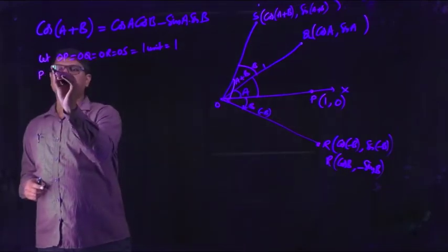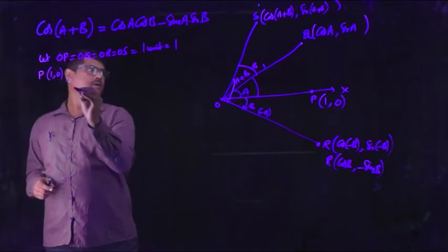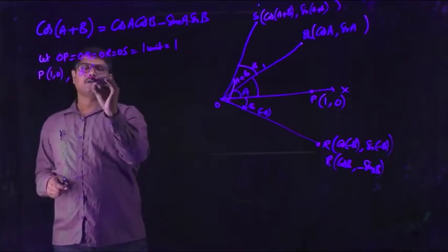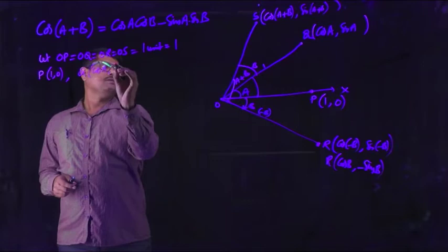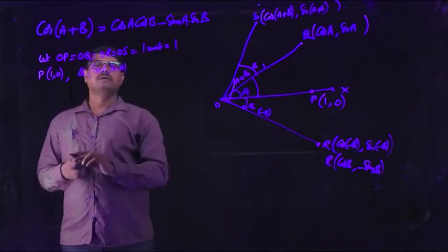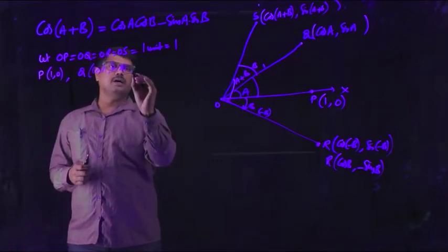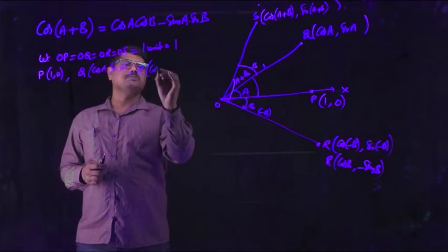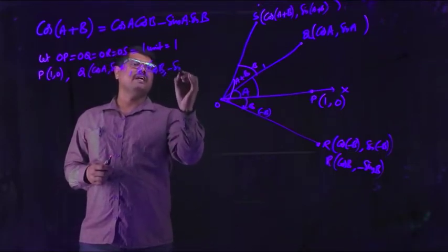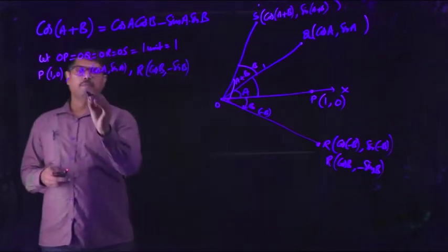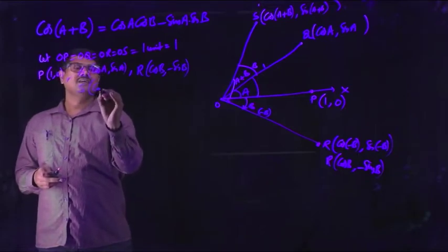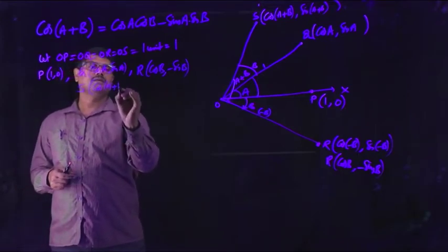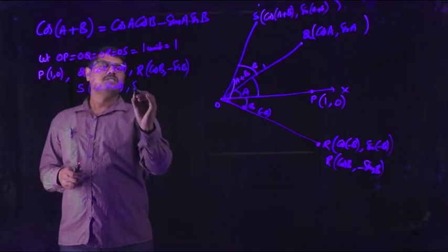The P point is 1 comma 0, the Q point is cos A, sin A, the point R is cos B, minus sin B, and the point S is cos of A plus B, sin of A plus B.